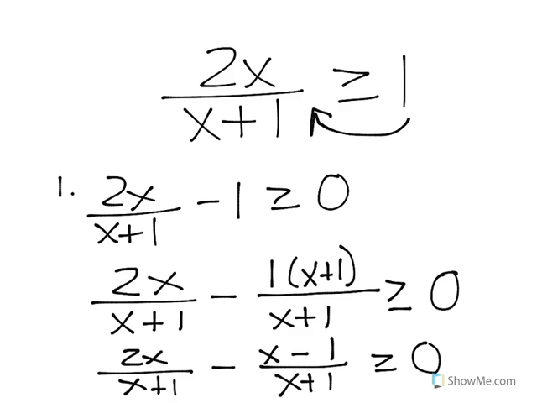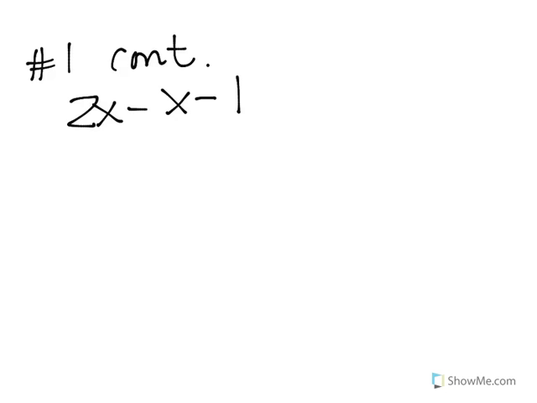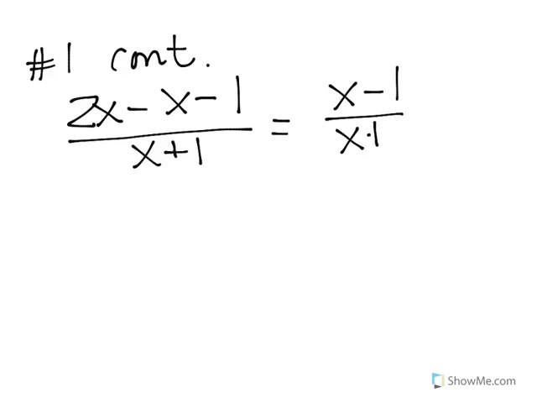Once we simplify that, then we will have, this is number 1 continued, 2x minus 1 all over x plus 1, which will be equal to x minus 1 over x plus 1 greater than or equal to 0.